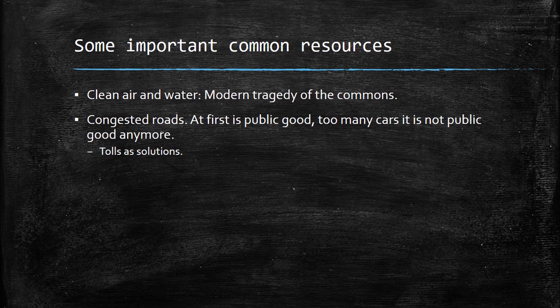Two basic solutions. Tolls are a solution. We are now thinking about it because you pay for that, and if you pay, automatically there are going to be fewer cars, and the problem of traffic jams can be kind of solved. Think about tolls depending on rush hours, so the tolls function just during the rush hours, and in the normal hours you don't need to pay for the use of the roads.